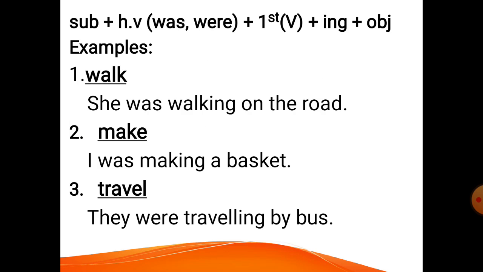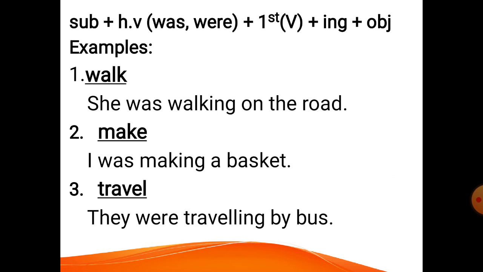Let's see how practically it will work. First we will write our formula on the top of the page, which is subject plus H.V, which stands for helping verb, which are was and were, plus first form of verb plus ing plus object. Examples. The first form of verb that I have chosen is walk, and it's totally up to you which subject you choose.